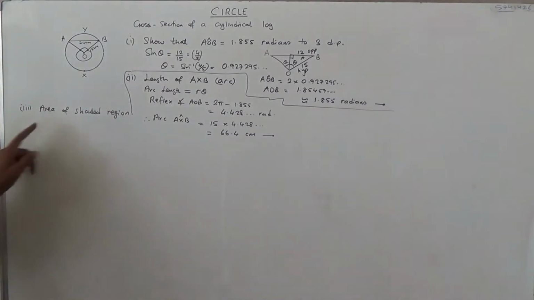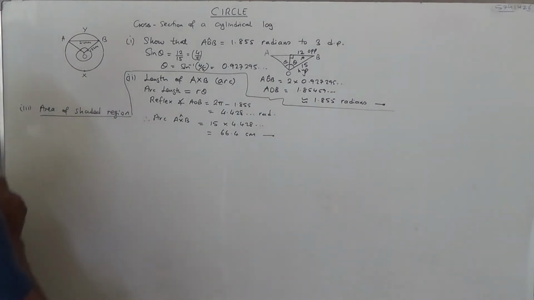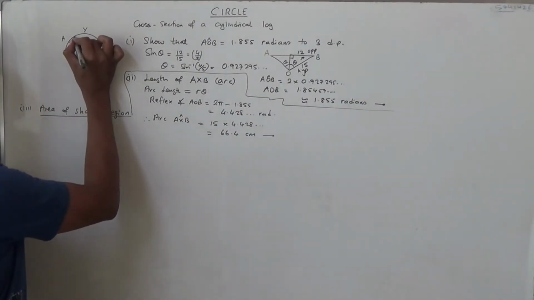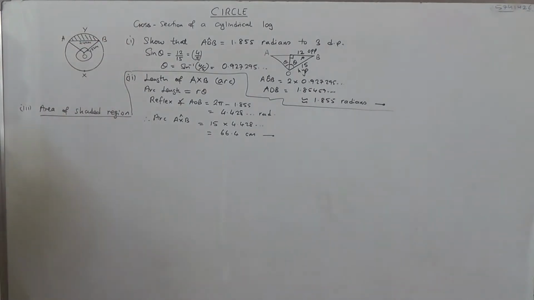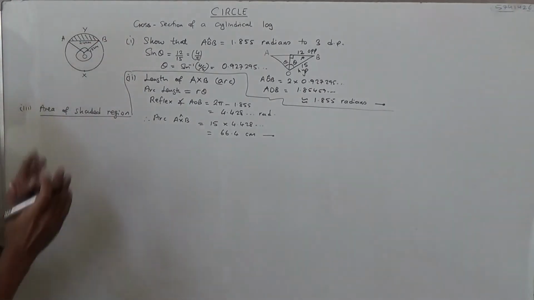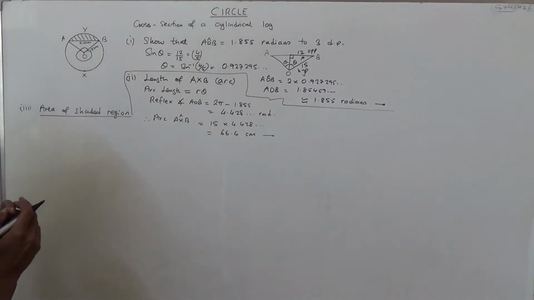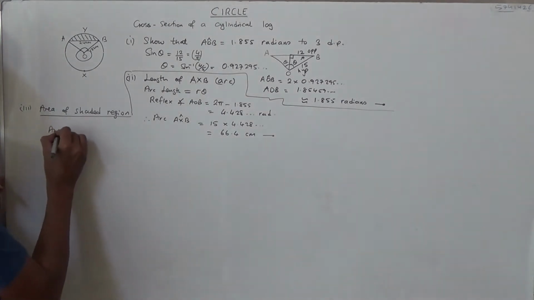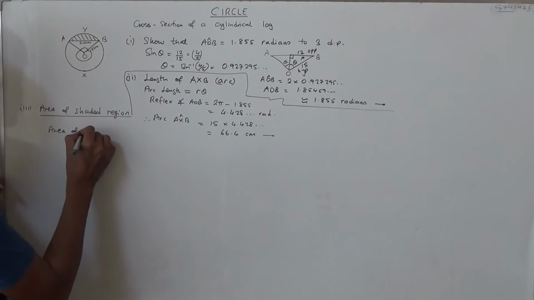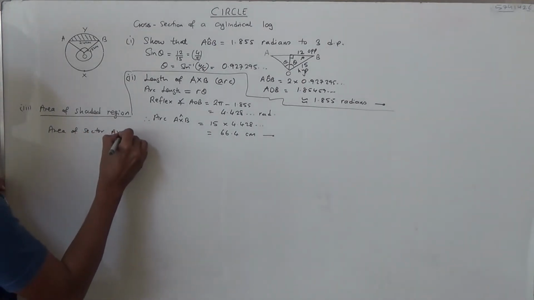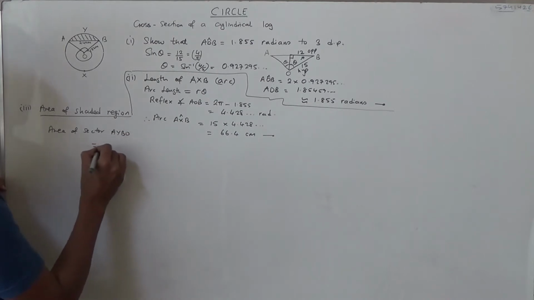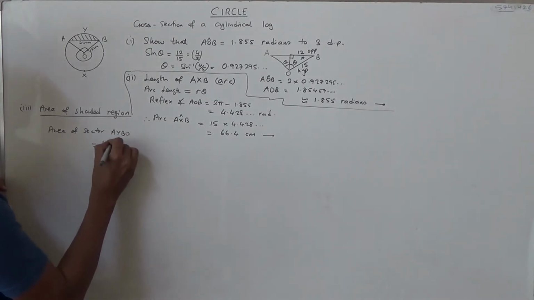And for this part here, the area of the shaded region. The shaded region in the book is here. Now, to be able to find the area of the shaded region, what we do, we find the area of the sector. Well, the area of sector AYBO is going to equal half r squared theta.